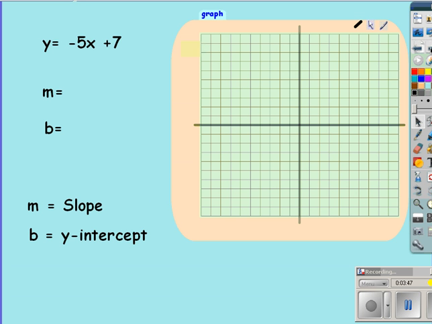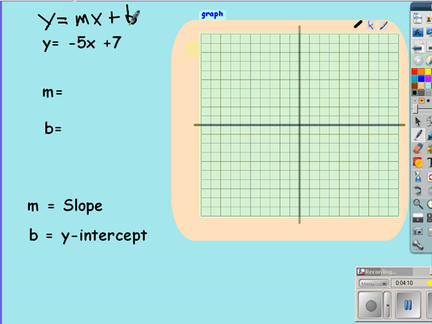Now, where this slope and y-intercept stuff takes us is when we want to start graphing an equation, graphing a line. If I look at this equation here, y equals negative 5x plus 7, remember it was y equals mx plus b.